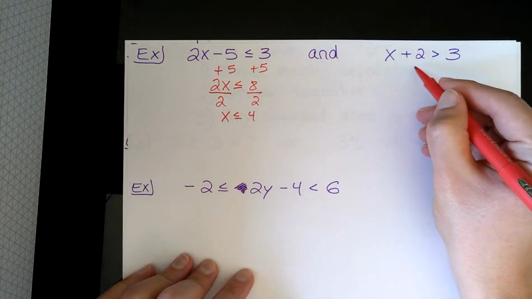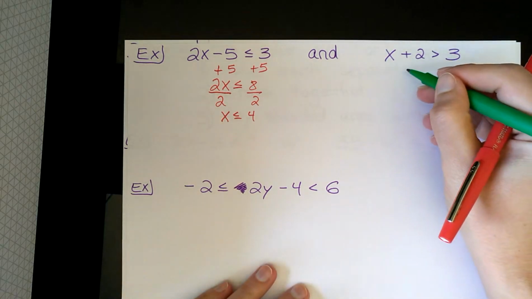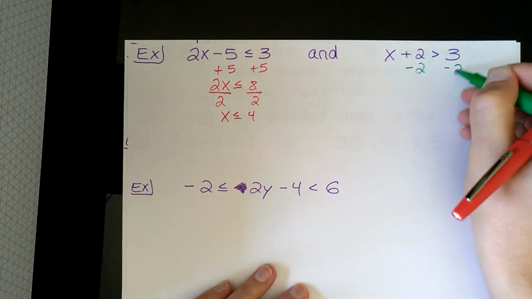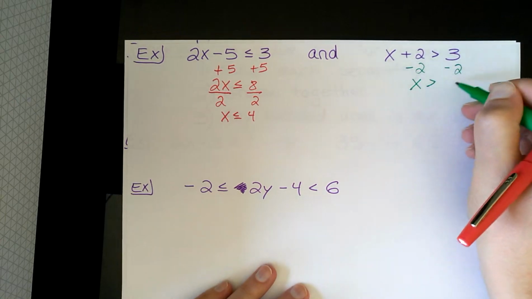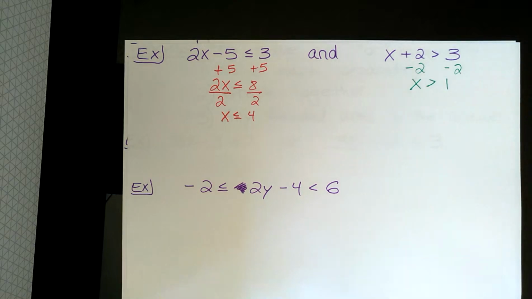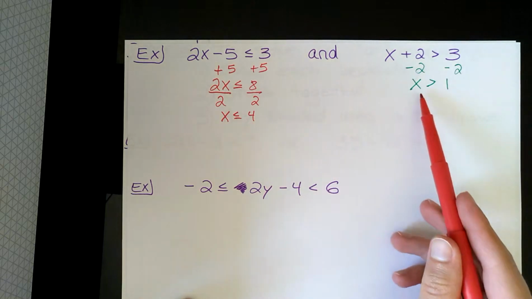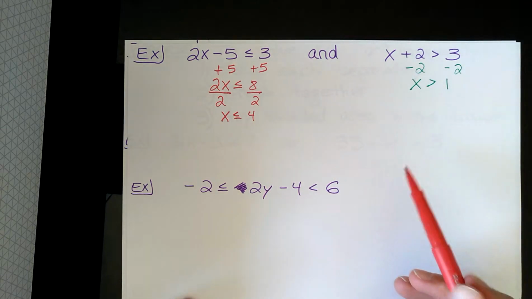And now over here, I'm going to go ahead and switch markers. We want to subtract 2 from each side to get x is greater than 1. So x is less than or equal to 4, but x is also greater than 1.